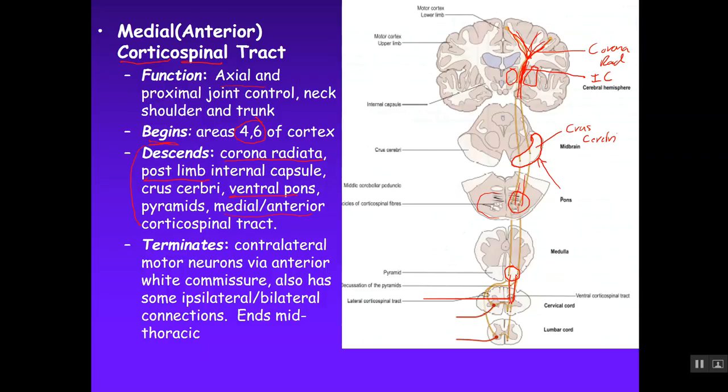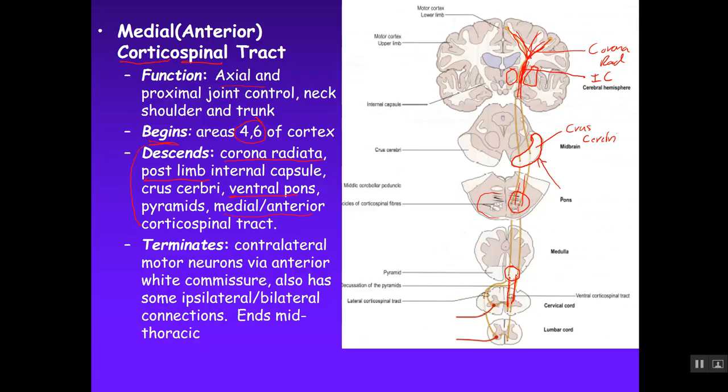It doesn't cross. If it crosses over at the decussation of the pyramids, that's what becomes your lateral corticospinal tract. So these are the fibers that stay on the same side and don't cross at the decussation of the pyramids. Those are your medial corticospinal tract fibers that stay on the same side, at least initially.